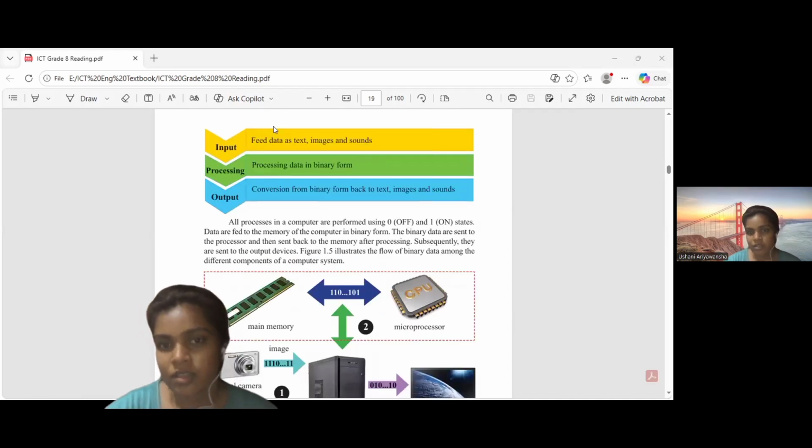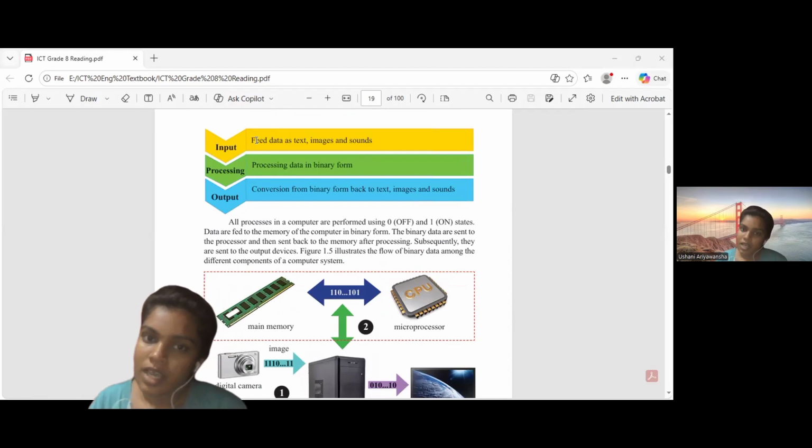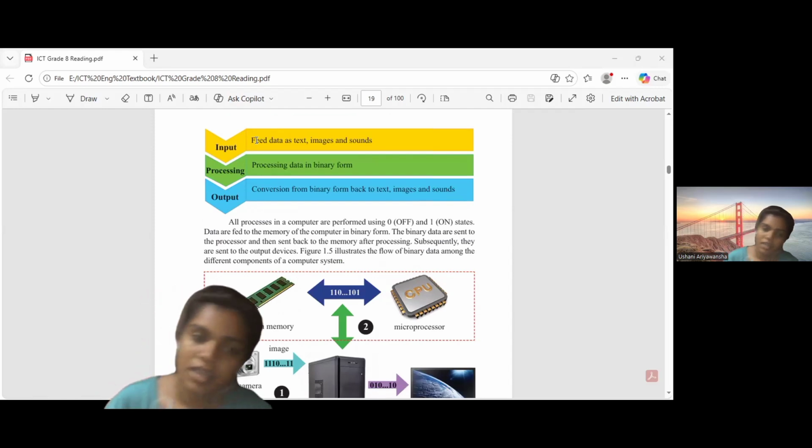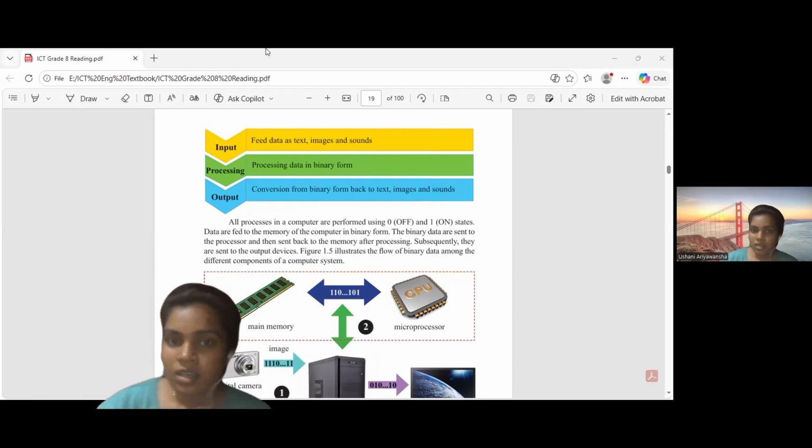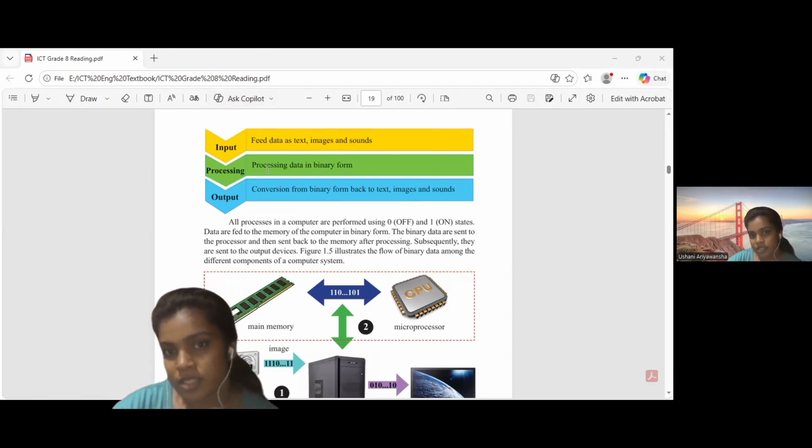As the input, we give data as text, images, and sound, right? And it can be a decimal number because it is the number system we use, right? A number system familiar to the humans, right? After giving data, the processor, right? Processor means CPU, Central Processing Unit, right?